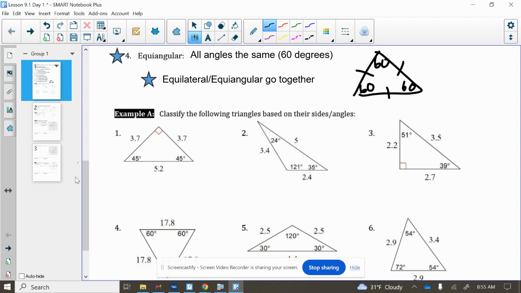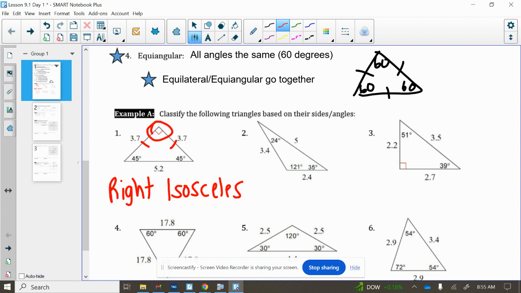So looking at these in action, we want to classify the following based on their sides and angle measures. If we first look at example A, number 1, notice we have two sides that are the same, and we also see a right angle. So those two things tell us that this is a right triangle because of that right angle. It is also isosceles because we have two sides the same and a third side that is not.